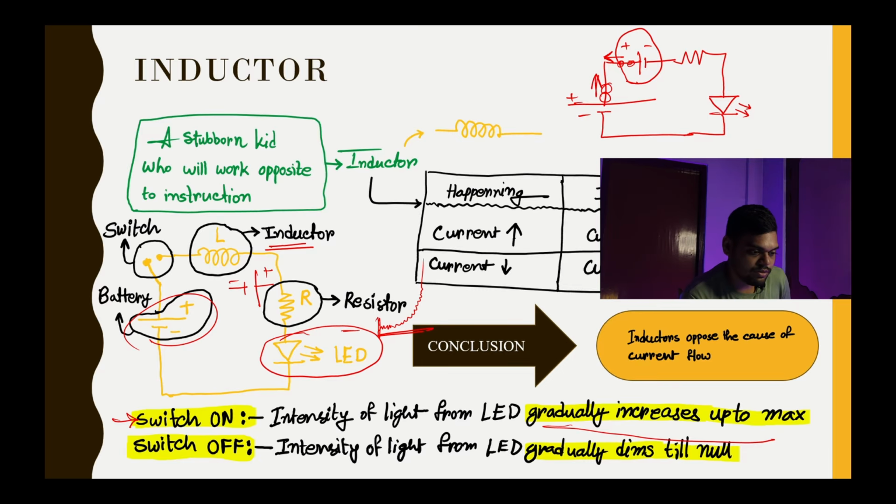So when we switch off the circuit, the intensity of the light from the LED gradually dims till null. It will not just go like this, that you switch on the circuit and it glows, and once you switch off the circuit, it turns off.